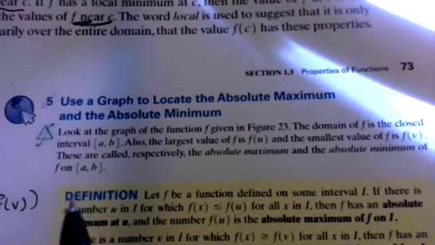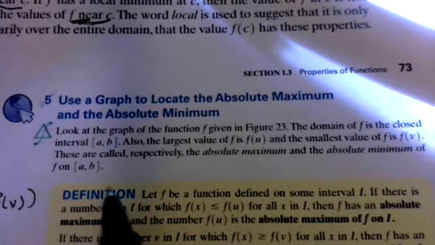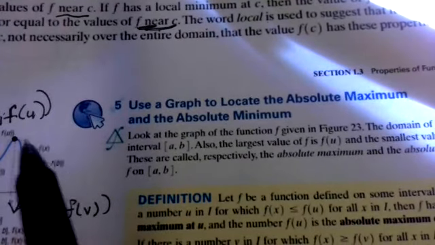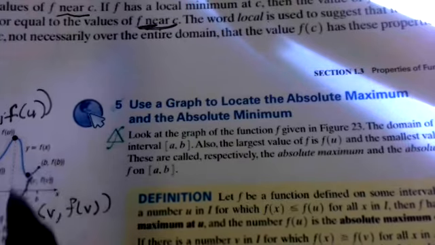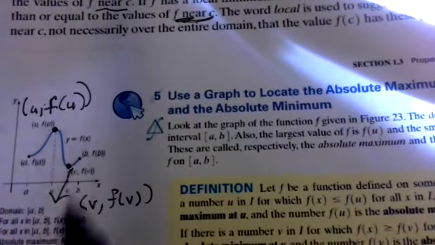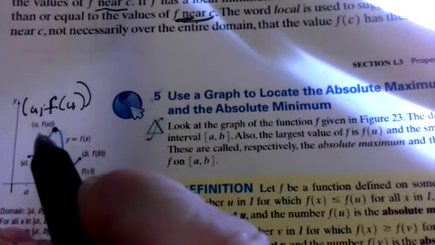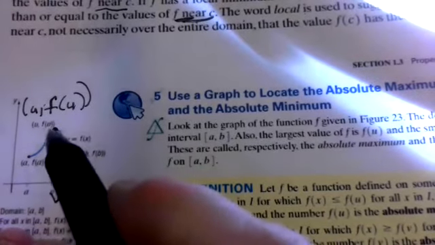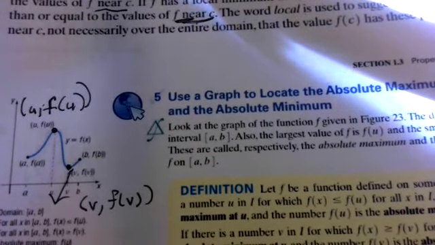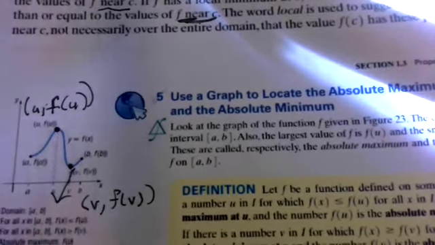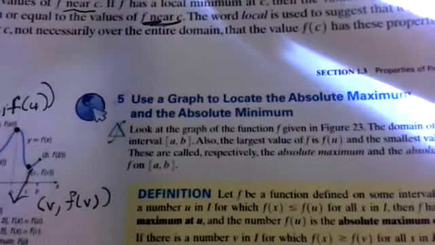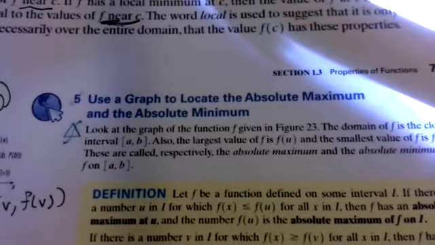Okay, so the absolute maximum has to be greater than or equal to any y value on the graph, and the absolute minimum has to be less than or equal to any y value on the graph. Now, when we look at this, this is also a local max and a local min. So sometimes when you have a local max and a local min, you also have at the same point the absolute max and absolute min.